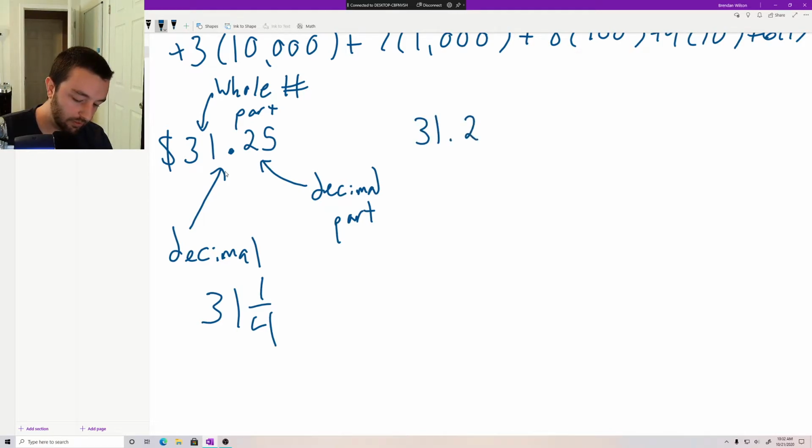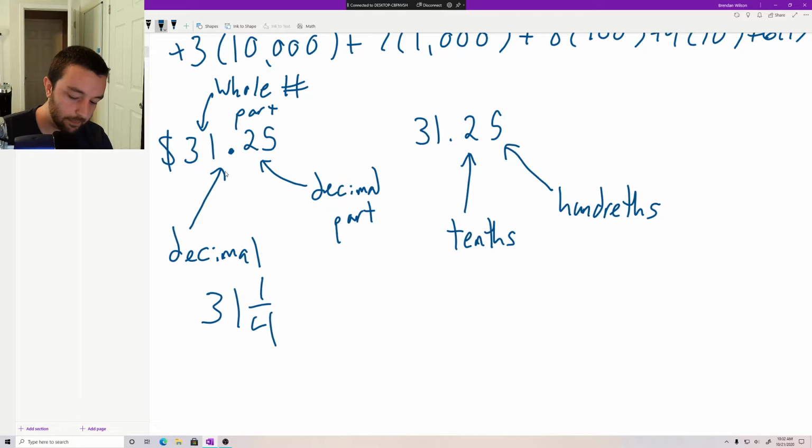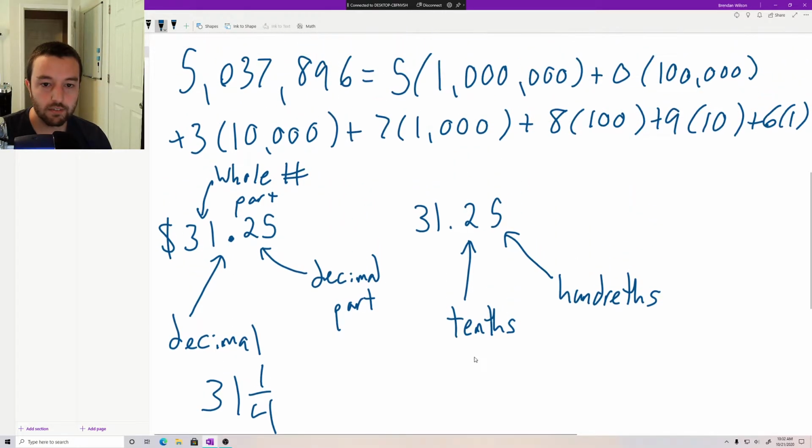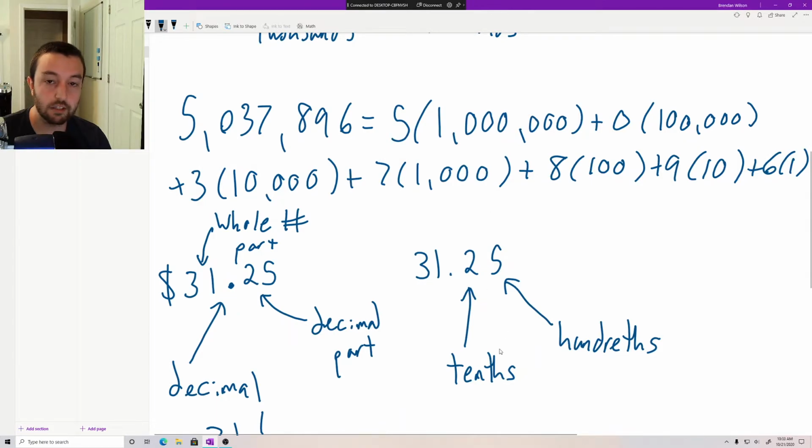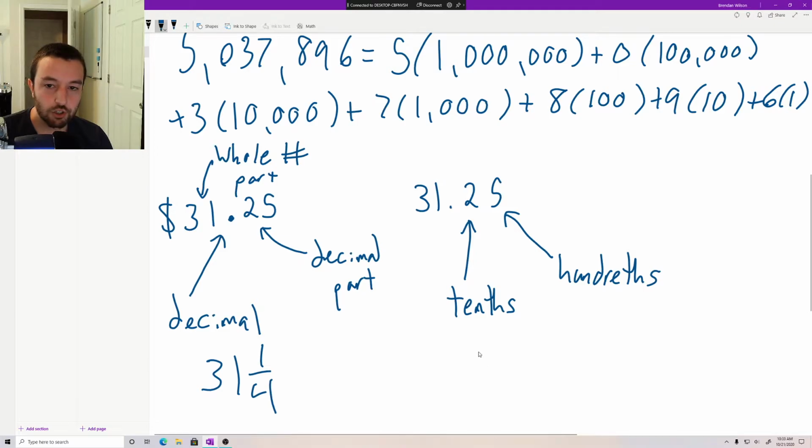So in 31.25, the 2 here, that's what we call the 10ths place. And the 5 is what we call the 100ths place. Okay. So it's very similar to the names up here, the 10s and the 100s, but we have the TH on the end instead.